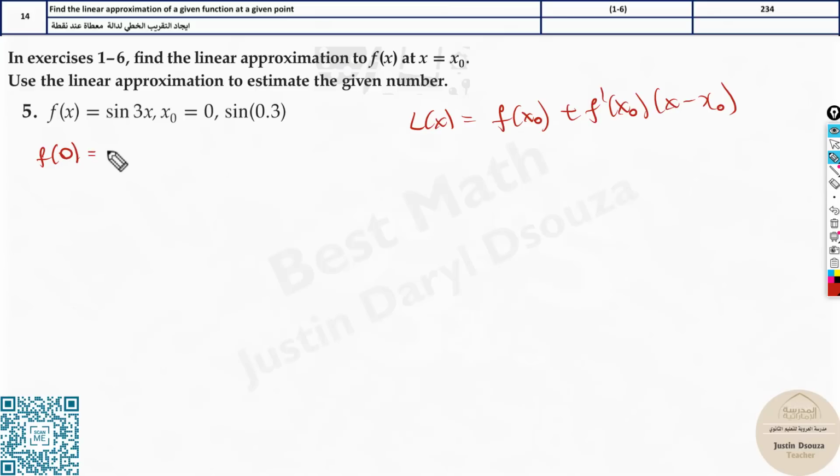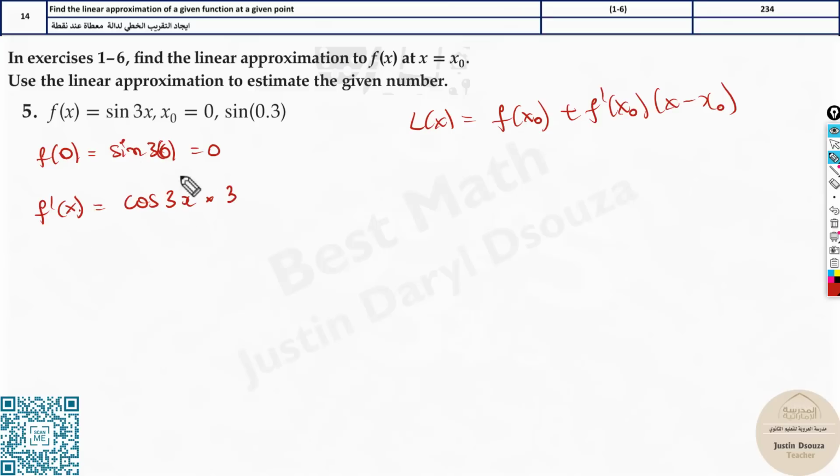So here we have sine of 3 times 0. Sine 0 is 0 itself, so here the answer is done. Now what is f prime of x? The derivative of sine is cosine 3x multiplied by 3. Why do we write this? Because it's the chain rule. So cosine 3x is done, multiplied with 3.